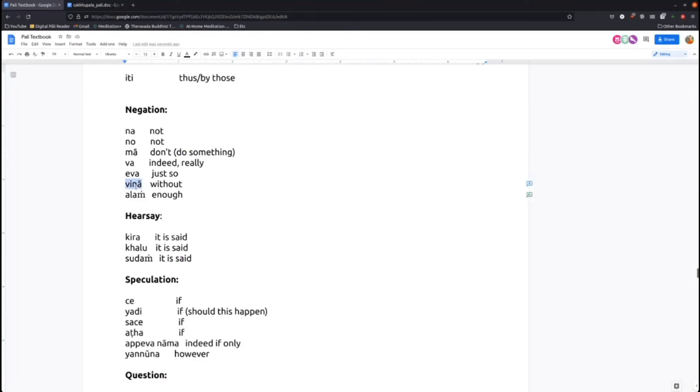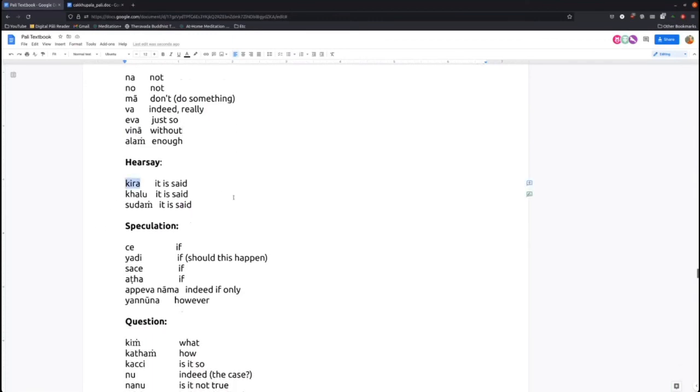Well, you don't have to use saddhim. Without saddhim, it still means with the man. And then if you say purisena vina, it means without the man. They're used after the instrumental. I don't know whether they can be used anywhere else, but that's where you'll mostly see them.